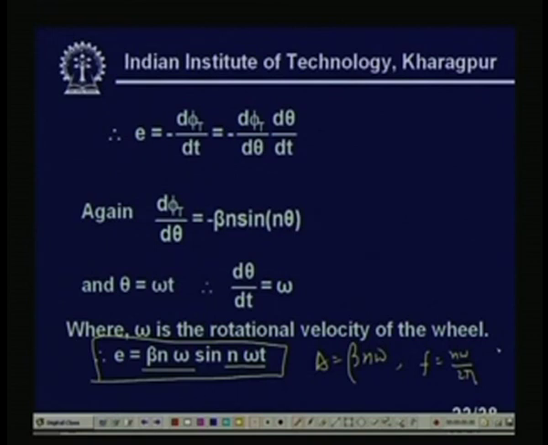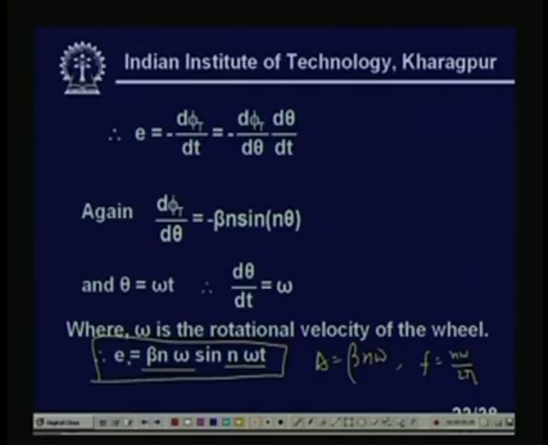So, the output voltage depends on both. Later on, we will see that we make some signal processing by which the output voltage will be only proportional to the frequency of rotation, so that as the frequency increases, the output voltage also increases. But here it is not so, because if the frequency increases, the amplitude also increases.